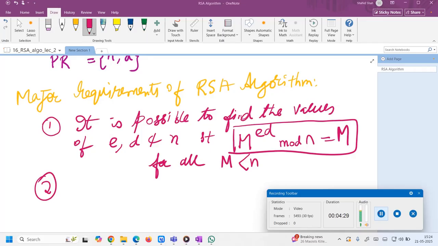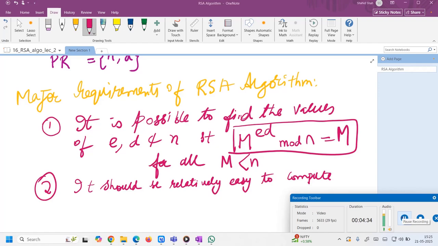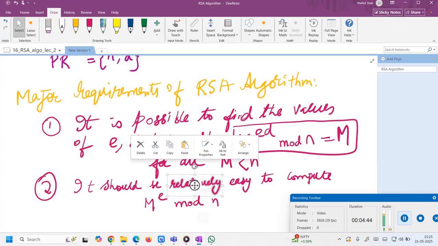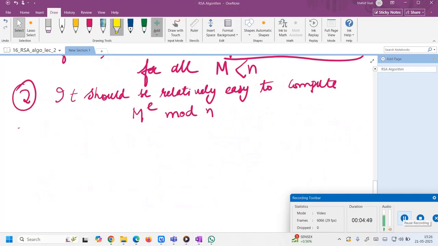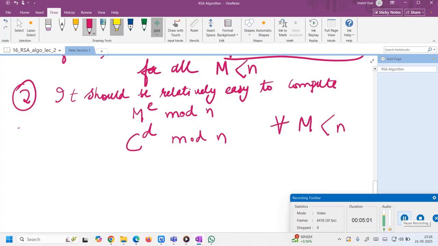Now, following this norm, condition number 2 is that it should be relatively easy to compute the quantity M to the power E mod N. We will explain in detail what it actually means. And also it should be easy to compute C to the power D modulo N, of course for all values of M less than N. We'll see in detail what it means actually.